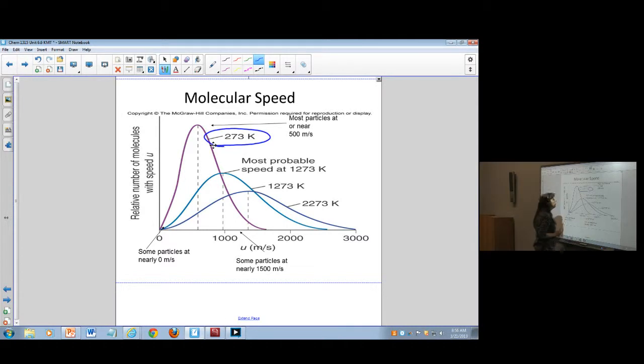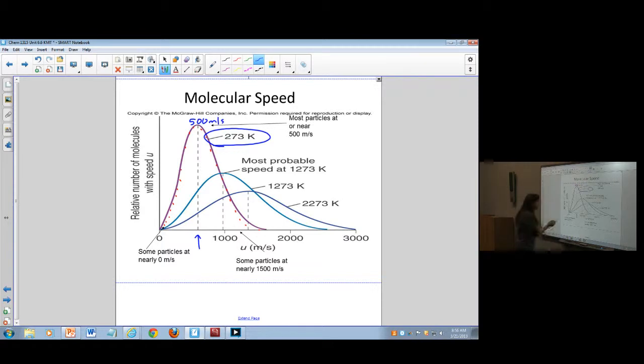It's at 273 Kelvin. So the only thing I care about is this purple line that I'm going to make dashed red. All right, so like that little visualization we just saw, we have some molecules. Most of them are moving at this average speed, which is roughly, looking at this chart, about 500 meters per second.